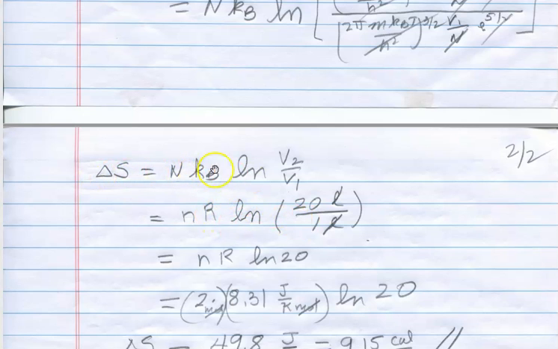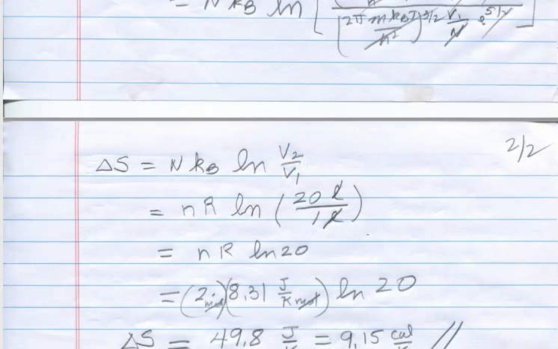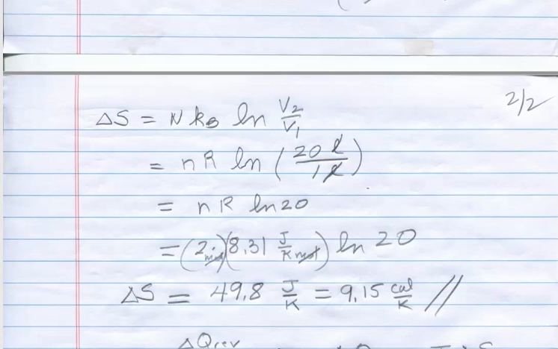So you could have jumped here if they hadn't said to use statistical mechanics concepts, the Sackur-Tetrode equation. And in our case, N is 2 moles, R is 8.31, and then V2 is 20, and V1 is 1 liter. The liters go out, and we get this expression: 2 moles, 8.31 joule per Kelvin mole. Moles cancel. And when I multiplied that out, I got 49.8 joules per Kelvin.